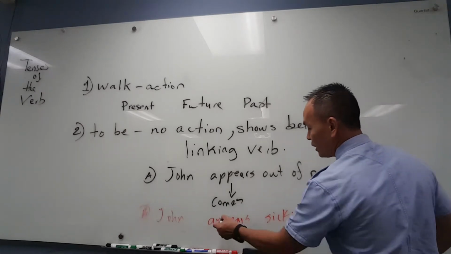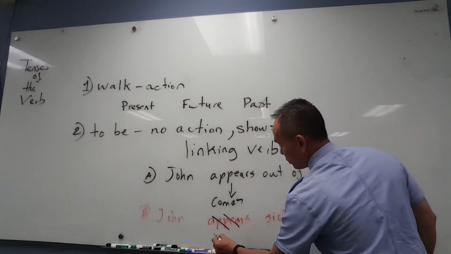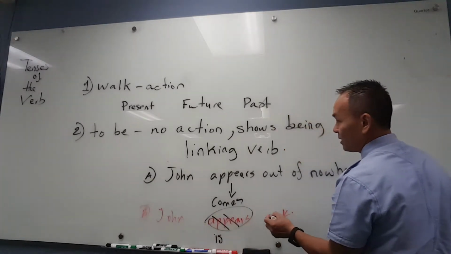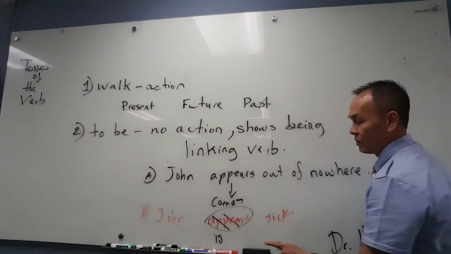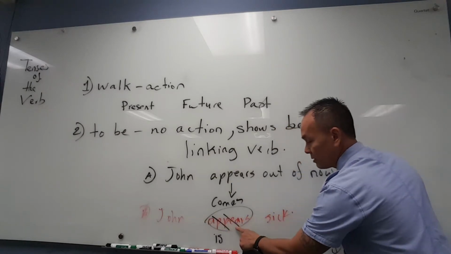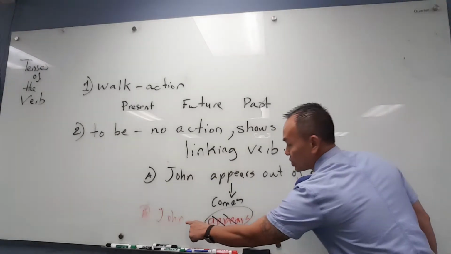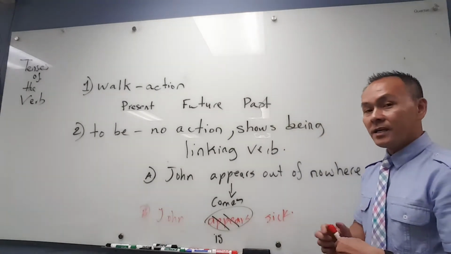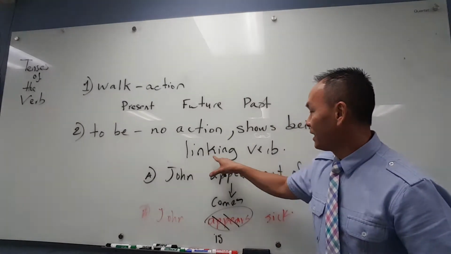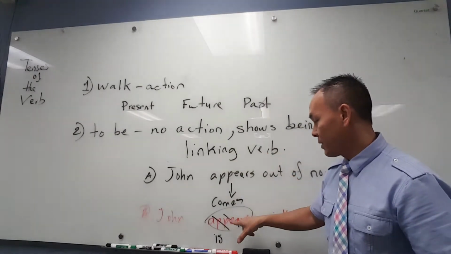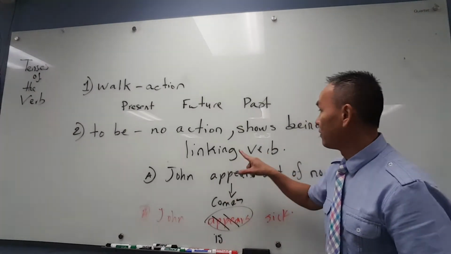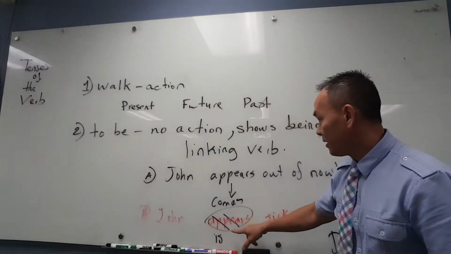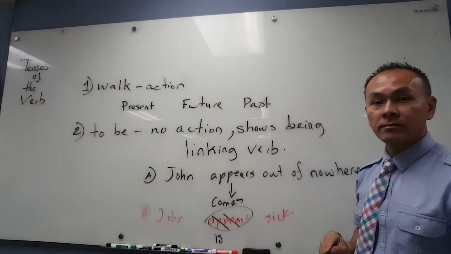If you can change this to is, then the verb appear is a linking verb. John appears sick. John is sick. So if you can change the linking verb, which is appears, to the verb to be, then the verb is called linking verb.